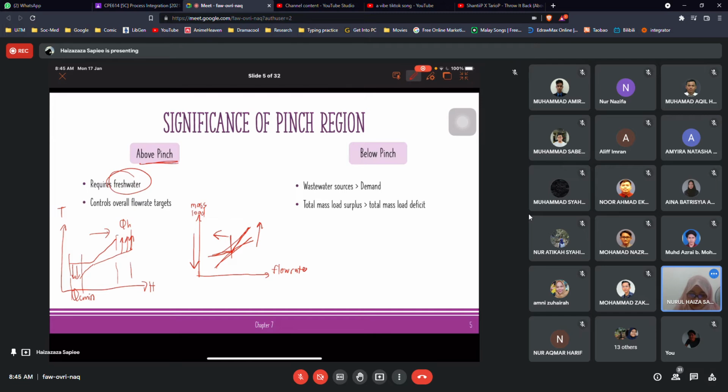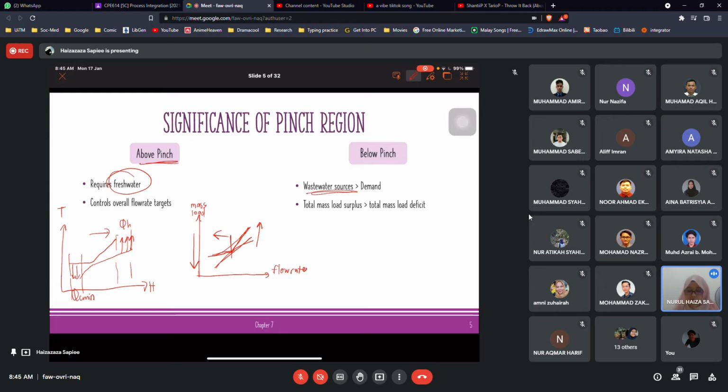Whereas kalau above pinch, it requires fresh water and it basically controls your overall target punya flow rate. And kalau it's below pinch, you have to make sure that your wastewater sources is supplied to your demand and dia punya total mass surplus is more than your total mass load deficit. So nak katanya you actually have more water to be clean rather than having to supply your fresh water.